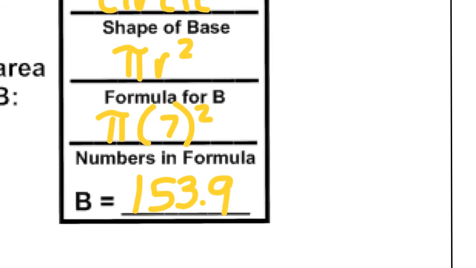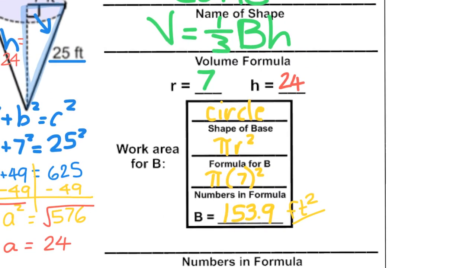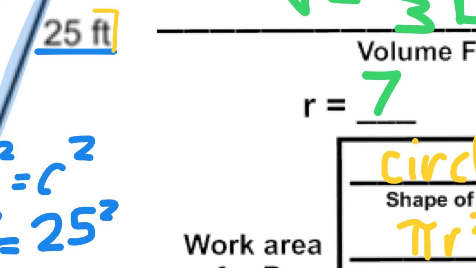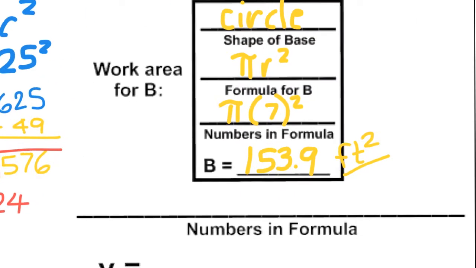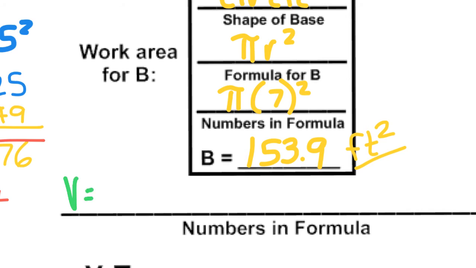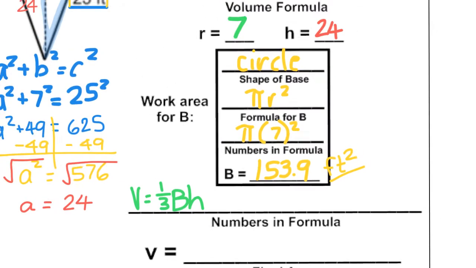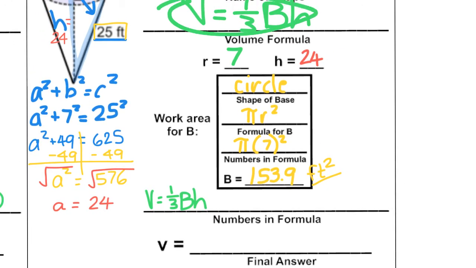Now I want to be sure that you understand, when we're talking about area, we're talking about units squared. When we're talking about height or measurements, we're talking about feet or just units. Now we'll be looking at volume. Remember that you're substituting it into the formula written up here. Be sure to look back at that formula.